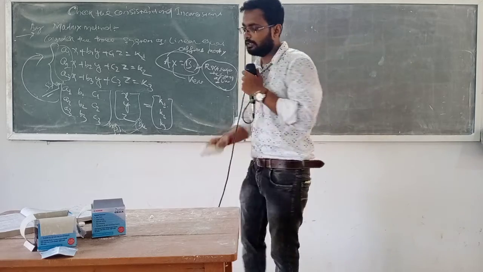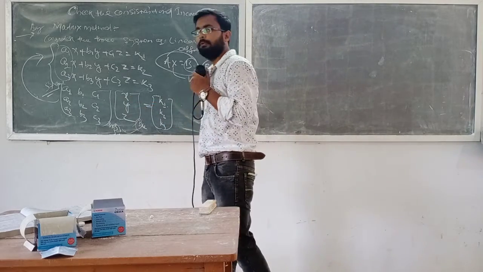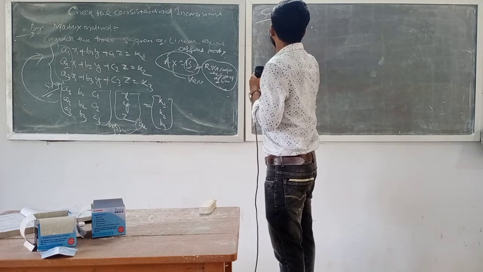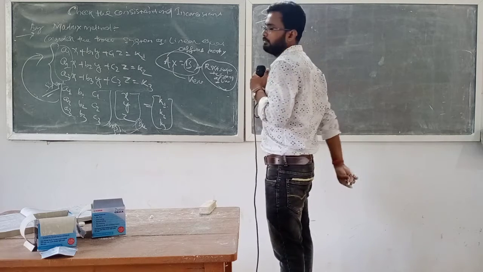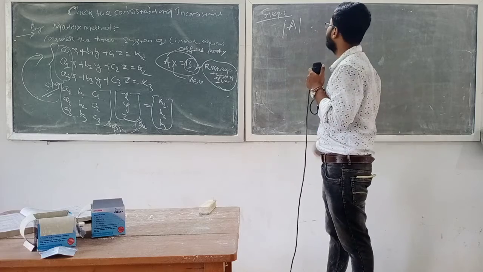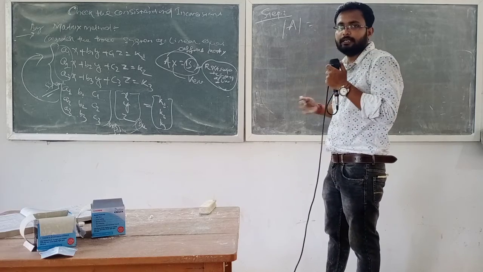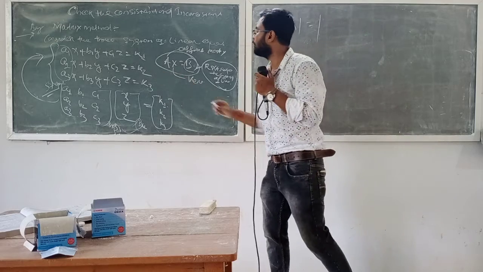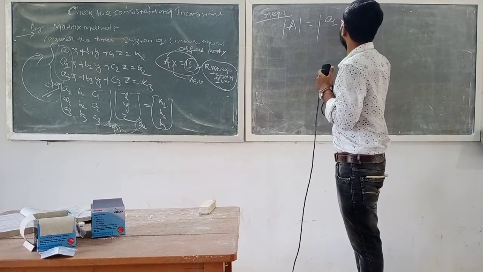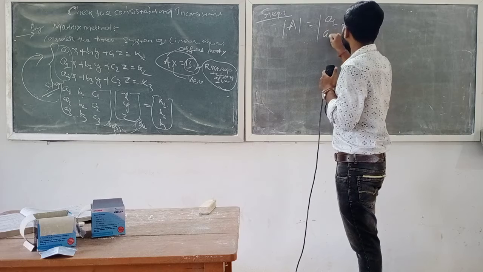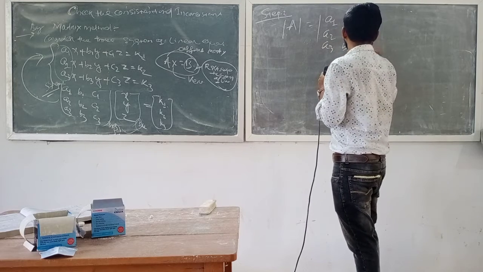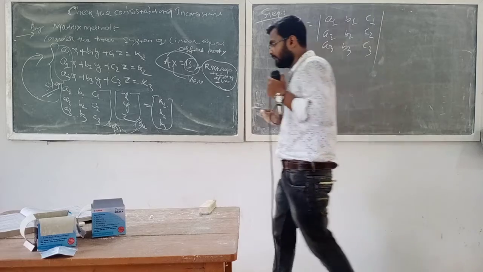The first step is to mark Ax equal to B, then step 2: determinant of A. First we find the determinant of A, that is the determinant of the coefficient matrix a1 b1 c1, a2 b2 c2, a3 b3 c3.